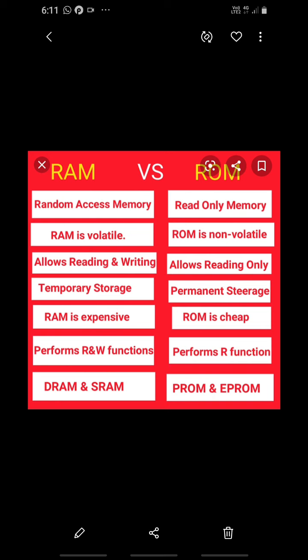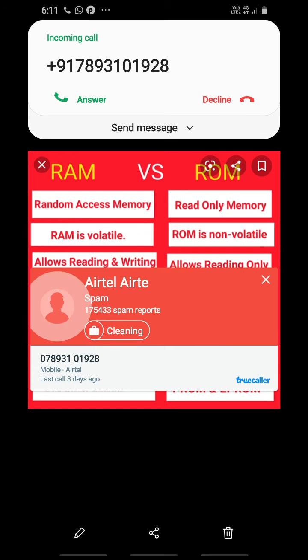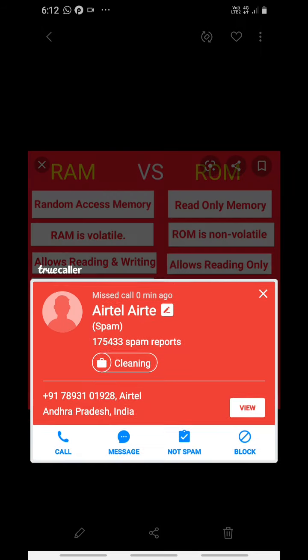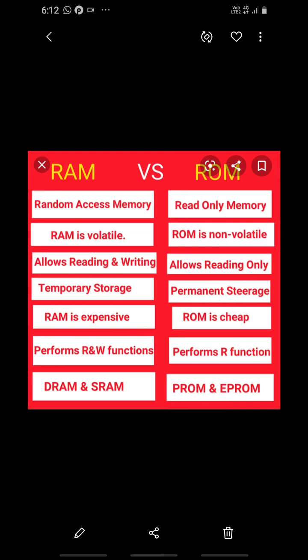Static RAM. A static RAM contains more transistors and a capacitor to store a bit. A static RAM can occupy very large space.